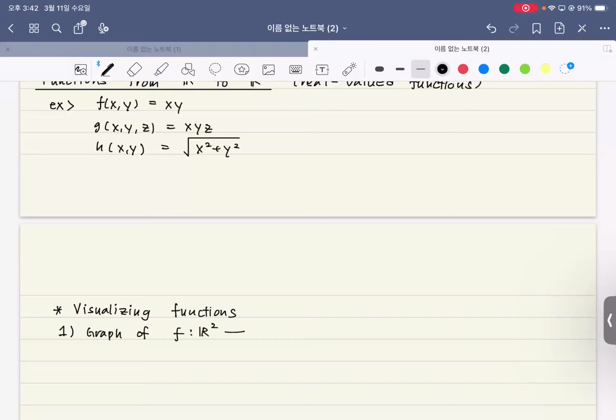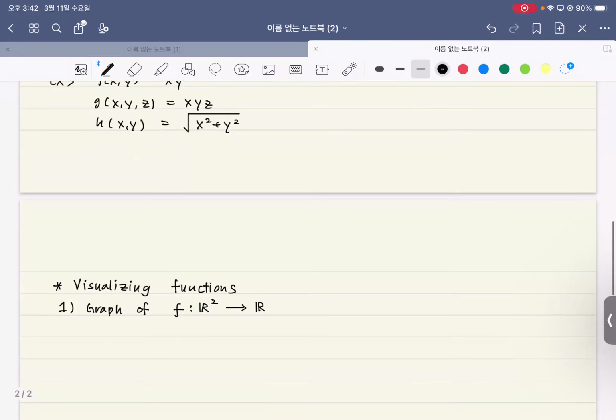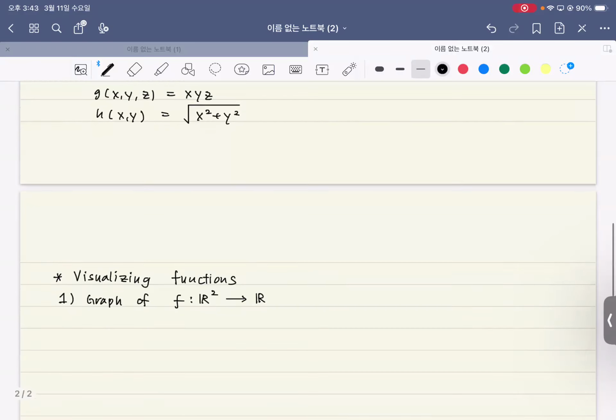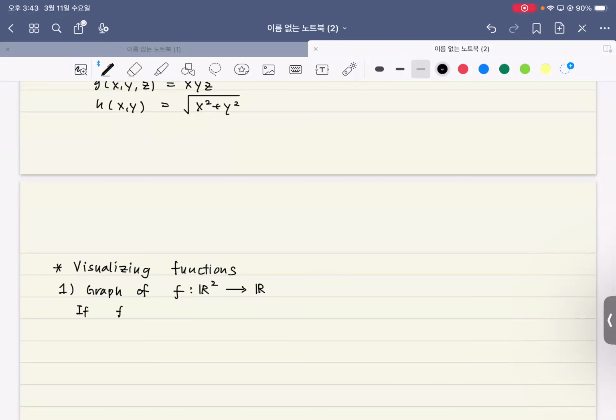From now on, if I say the graph of a function, you should understand it as the graph of a function from R2 to R. If f is a function from 2 dimensions to 1 dimension, then its graph typically looks like this: x, y, z.